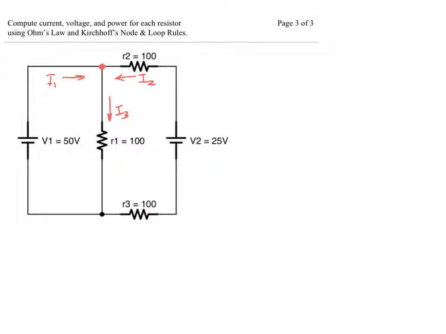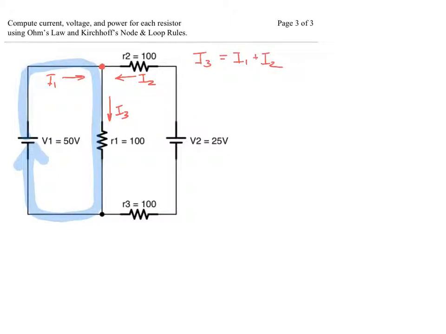All right, so this loop here. Nice thing about this loop here, it has one voltage source and one voltage drop, which means I should be able to very quickly obtain the current value for that one. I'll go ahead and write my node rule though. I3 equals I1 plus I2.